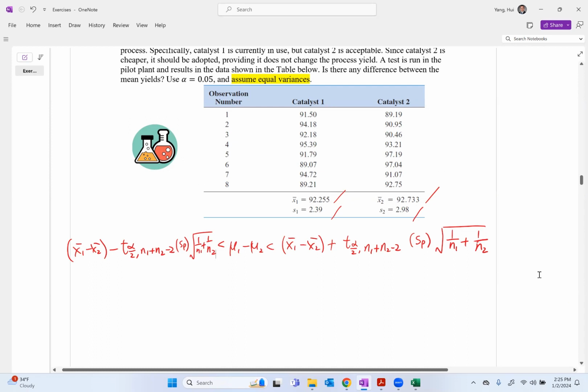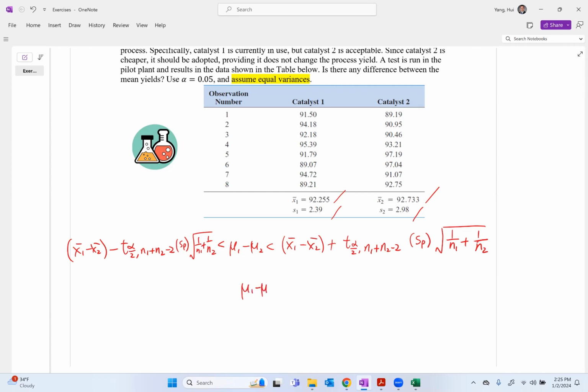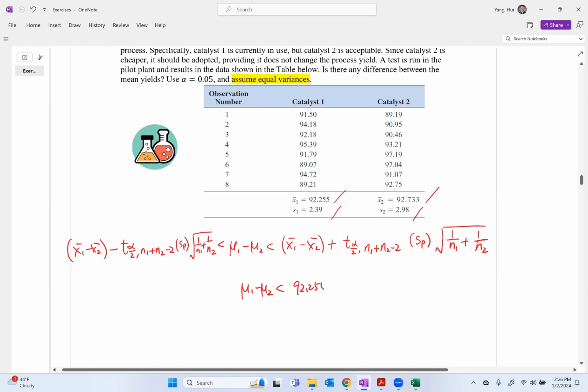Now, we know x1 bar and x2 bar. mu1 minus mu2 will be 92.255 minus 92.733, plus t alpha over 2, because alpha equals 0.05, so this will be t 0.025.